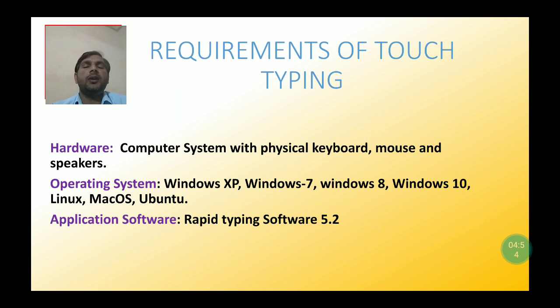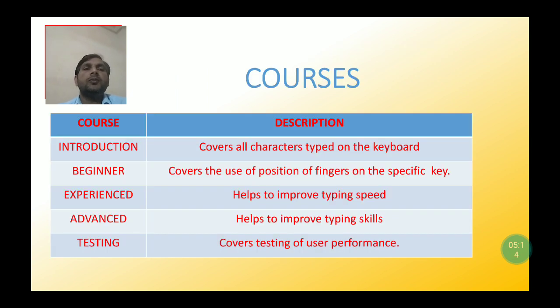And the application software is the one we are talking about, Rapid Typing software 5.2, which will be required for our typing. This software can be downloaded free of cost from the internet because it is freeware.